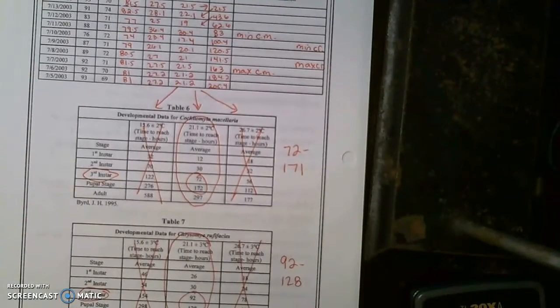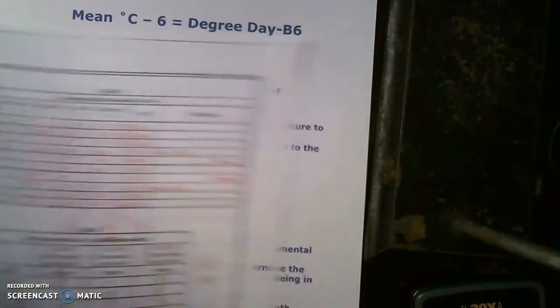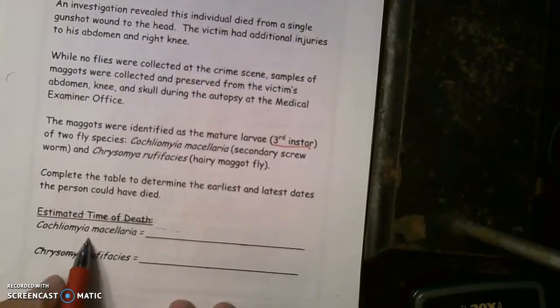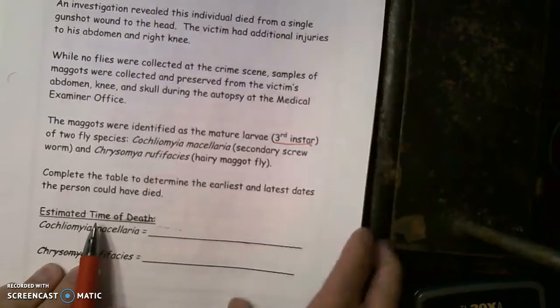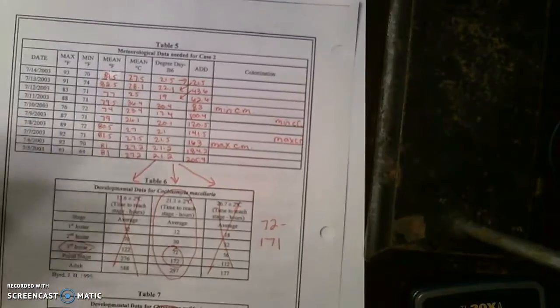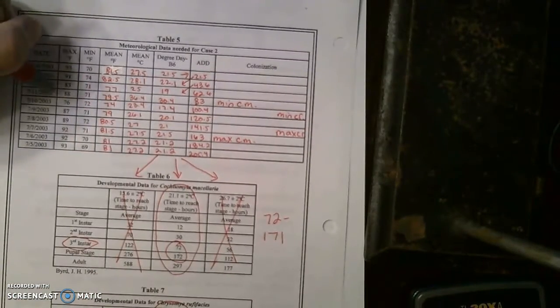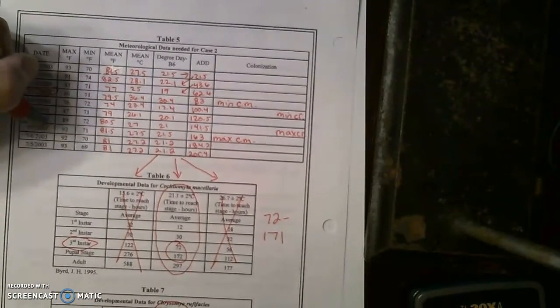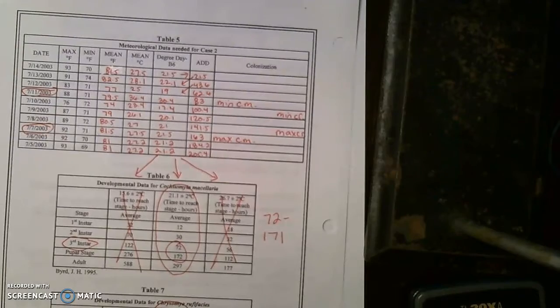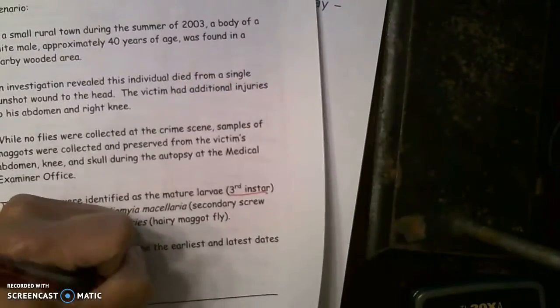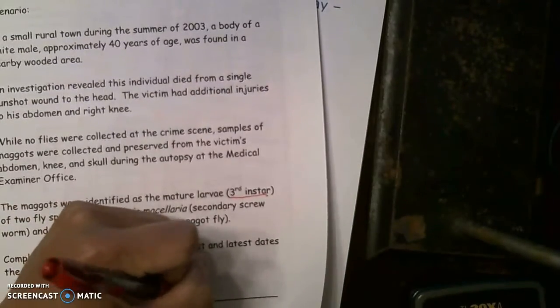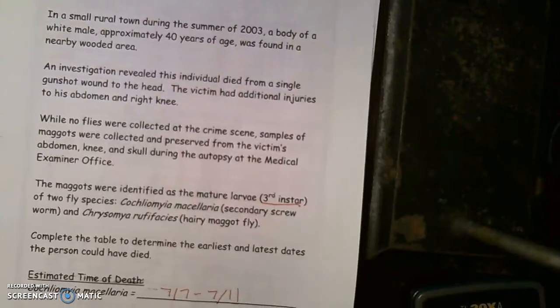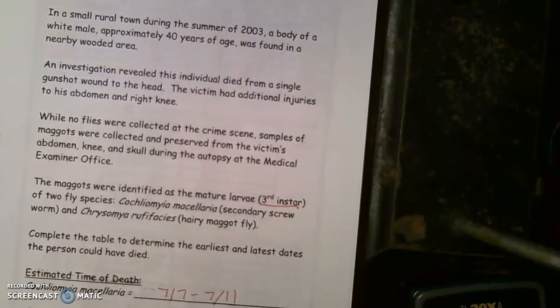Now I've solved for the case. To determine the time of death, for the first fly, the secondary screwworm, the time of death gives me a range from 7/7 to 7/11. That's a pretty big range for someone being dead in the woods.